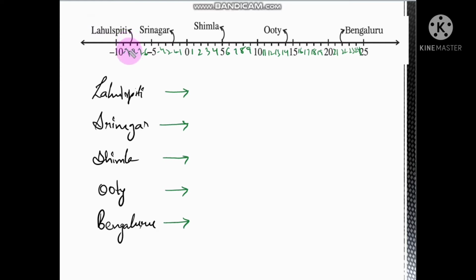Here it is somewhere around -8 degrees centigrade. So Lahul Spiti temperature is -8 degrees centigrade. And Srinagar's temperature is 0, -1, -2. So Srinagar's temperature is -2 degrees centigrade.